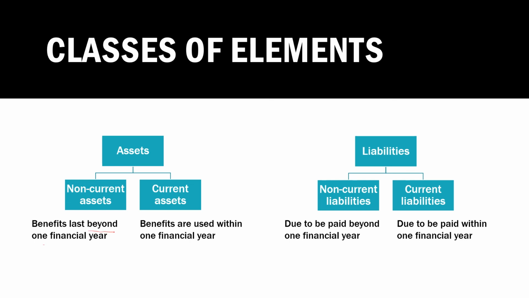One financial year is 12 months, right? So you get to keep that asset for more than 12 months. Whereas current assets are assets that you have to use within one financial year. And likewise, non-current liabilities are obligations that you need to pay after one financial year, after 12 months. Whereas for current liabilities, you need to pay them within 12 months.